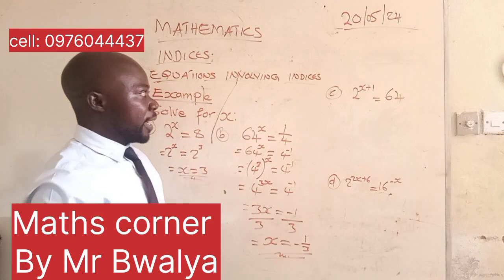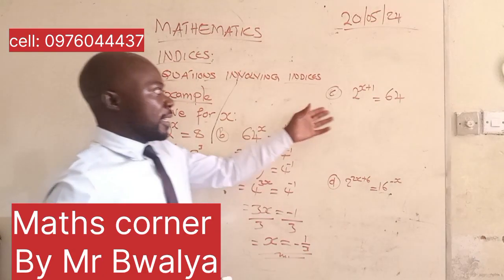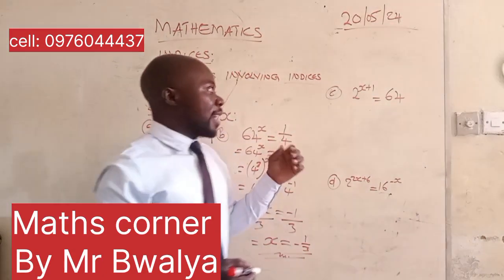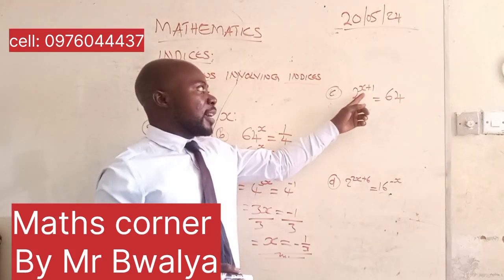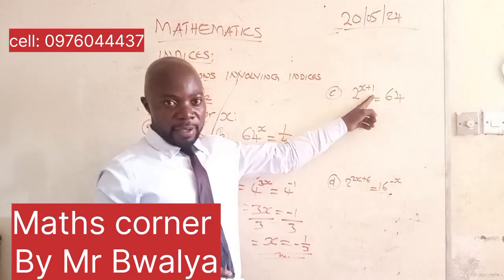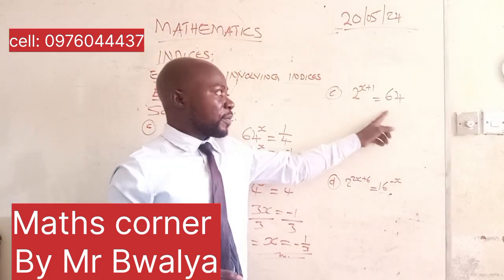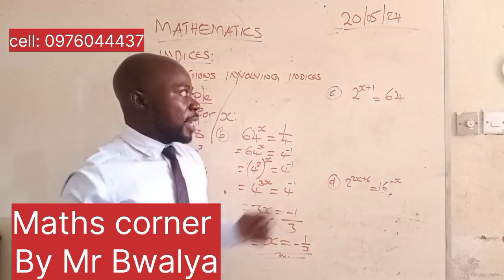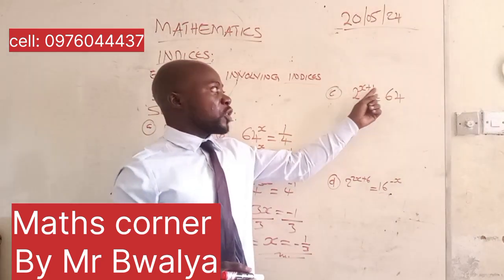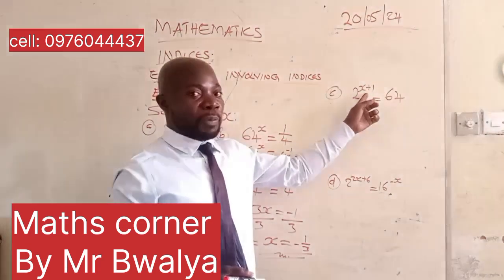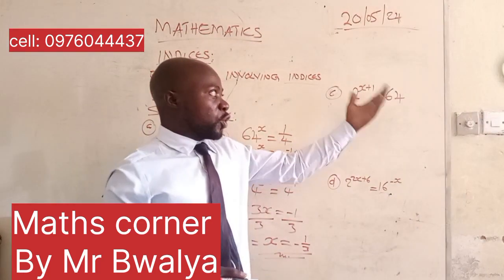We go to number C. Given that 2 to the power x plus 1 is equal to 64. The powers here, x plus 1, are the exponent, the exponential in short.